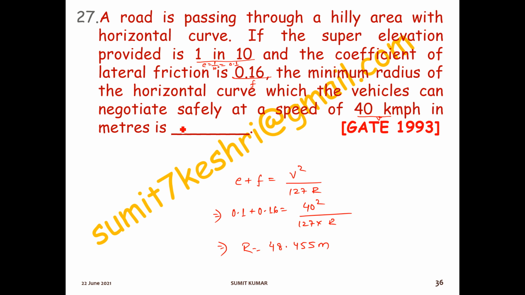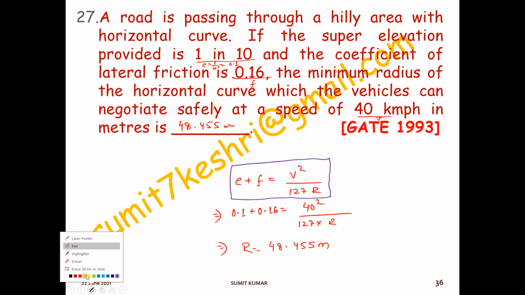So the answer is 48.455 meter. It was a very simple question based upon this equation only. So remember this equation, E plus F equal to V square by 127 R. I hope it is clear to everyone.